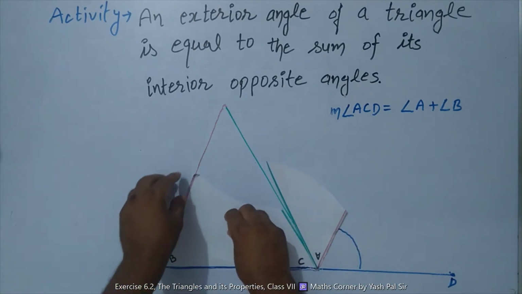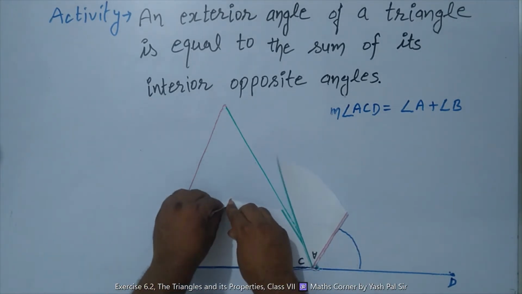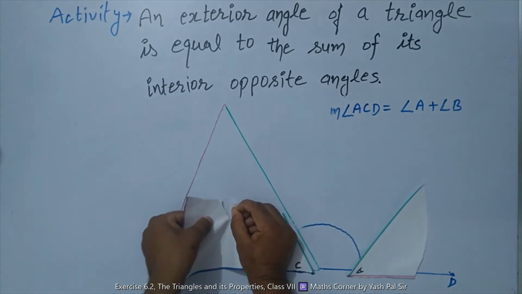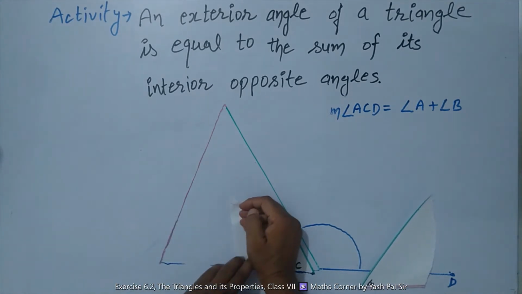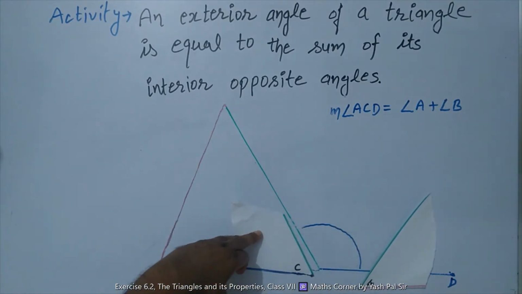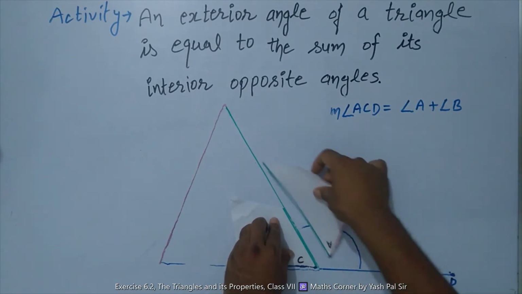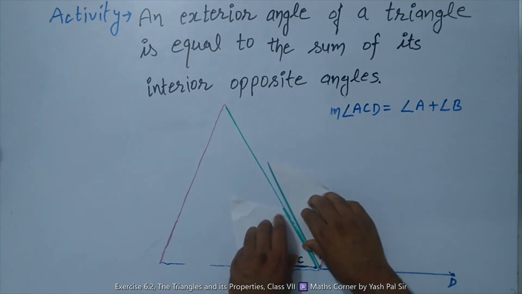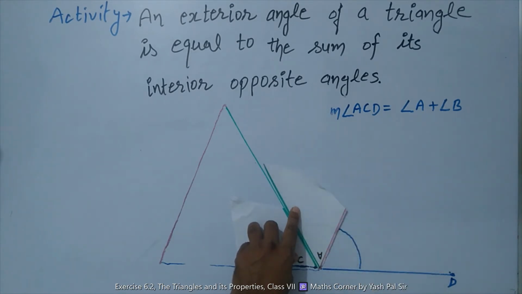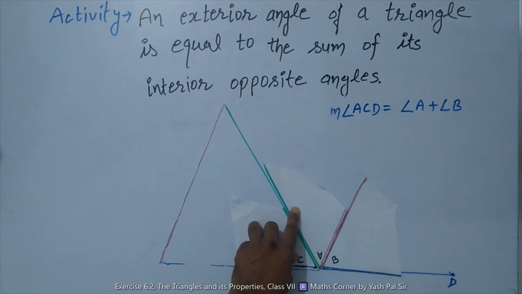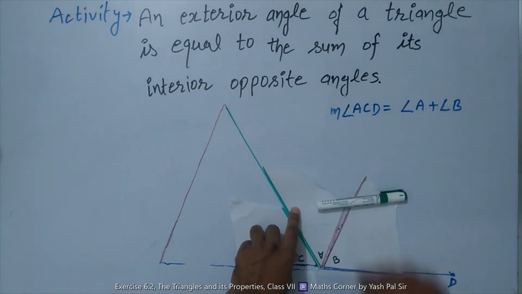Likewise, I am going to turn the second vertex B, this way. First of all, angle A is placed here. Second time this angle B is placed here. Now what is the result?